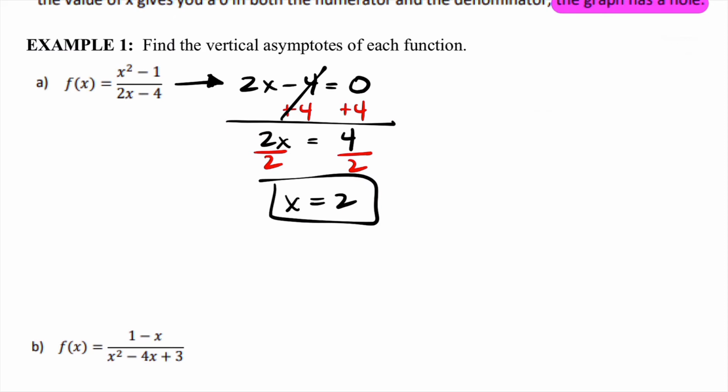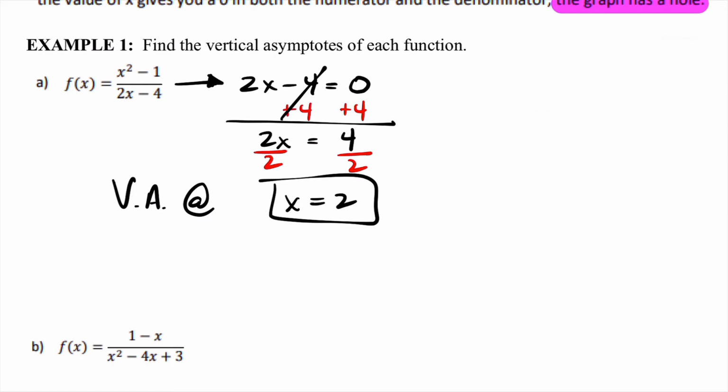So do I have a vertical asymptote at x equals 2? You have 3 options. Yes, here's the reason why. No, here's the reason why. Or I don't know yet. Which one is it? Give you a second to think about it. What do we think?